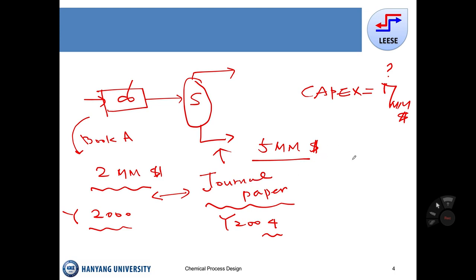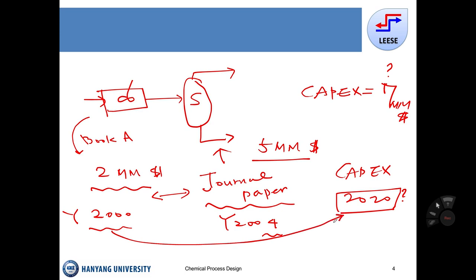And second, I want to take into account the overall capex today, like 2020. What is the cost for 2020? This is why we need to use an index. If I want a common basis for the capex estimation based on a particular year, I can update the costs from 2000 and 2004 to 2020 using the index.